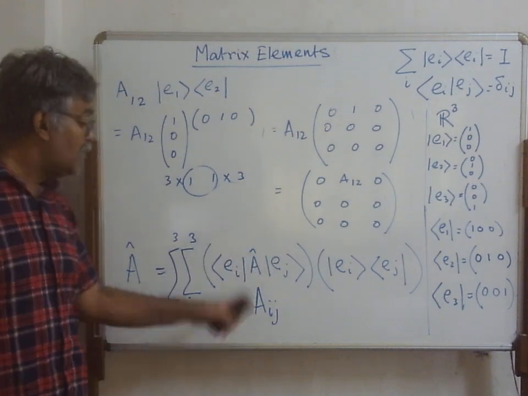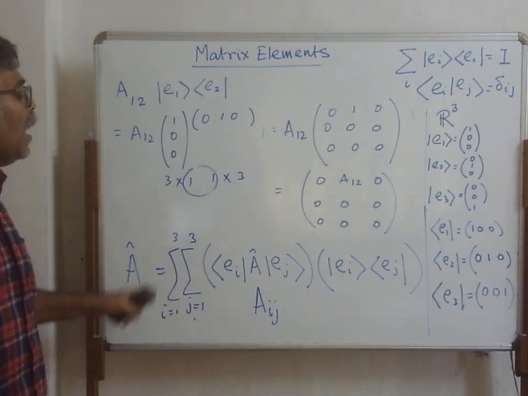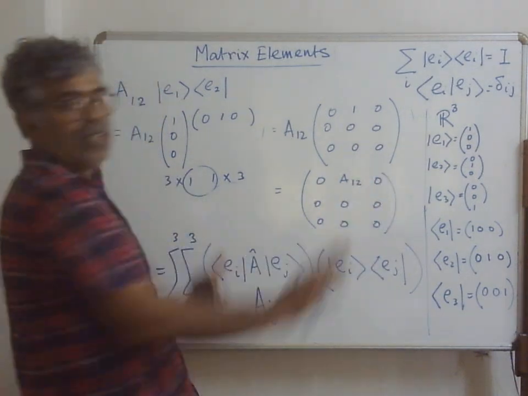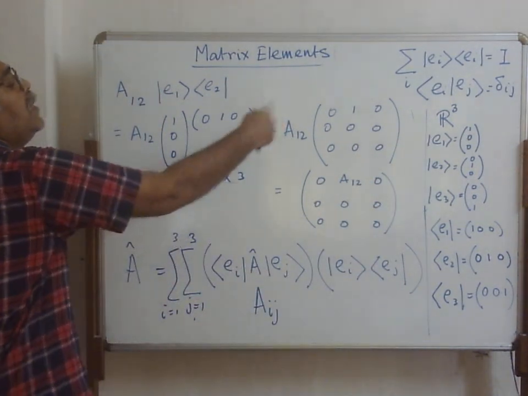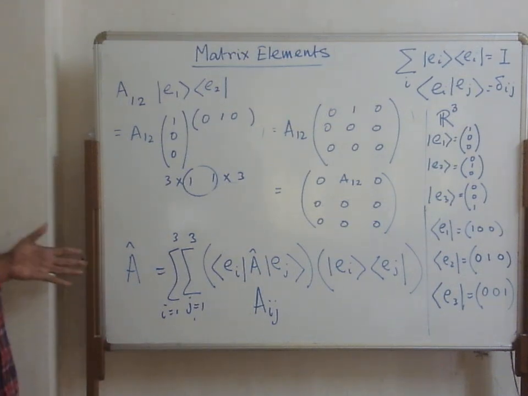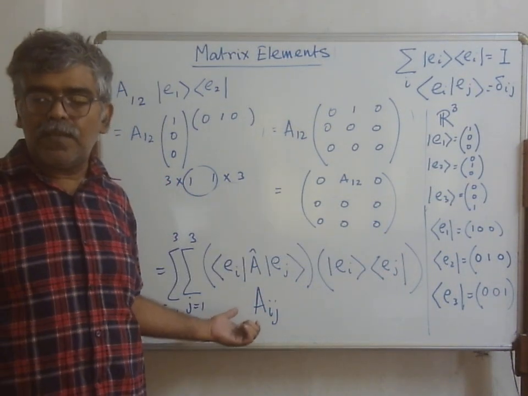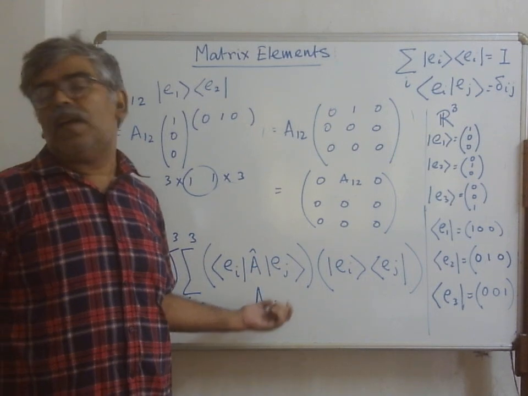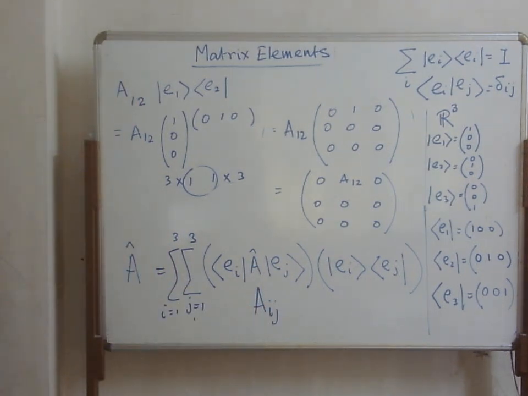That means this is definitely the matrix element. For all the 9 terms, these matrix elements will sit accordingly. So you have a sum of 9 matrices with the matrix element as a prefix. So this is it. Thank you very much.